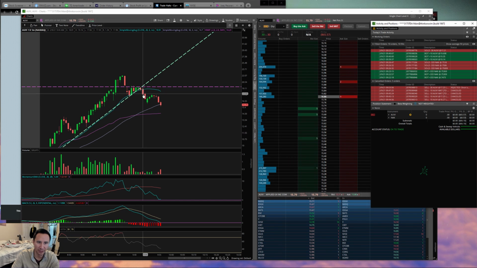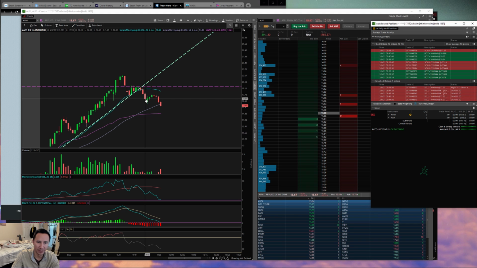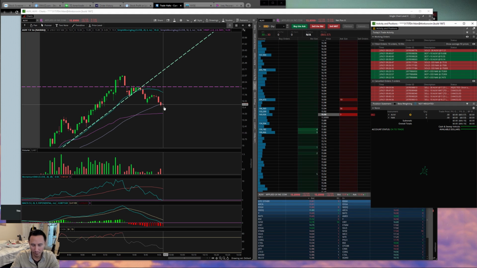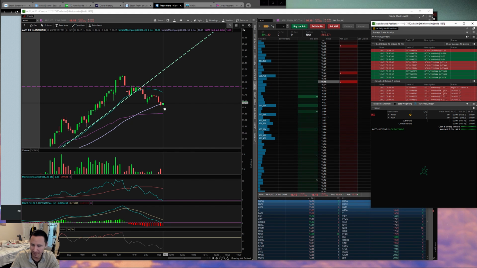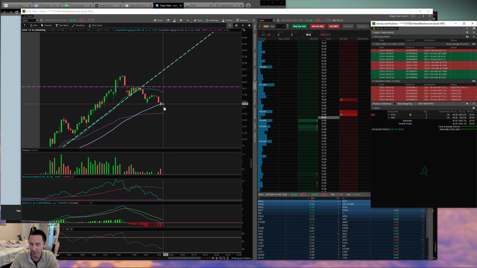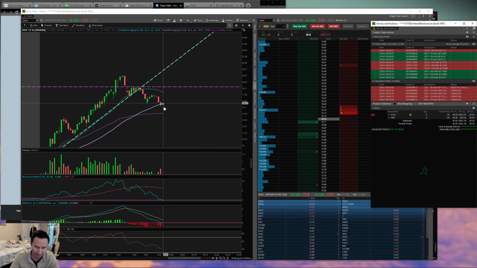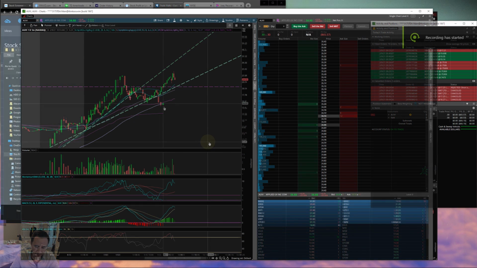I think it halted here or here. But after the halt, it ended up coming back up, and it's just been trickling down ever since. So I'm still okay with the $66 loss, because again, if I would have been in a winning position, then I could have made maybe a couple $100 off of that.